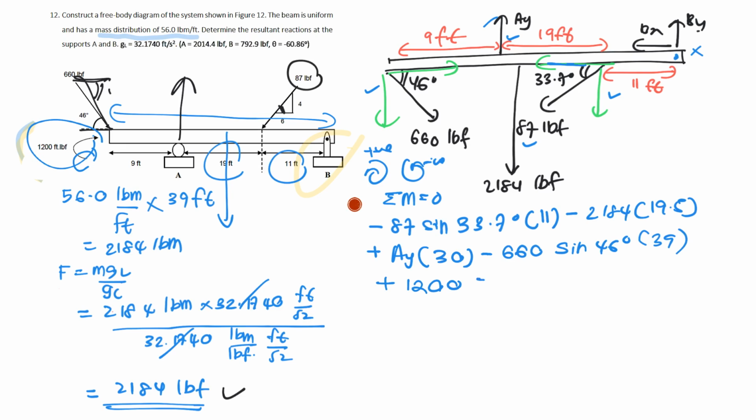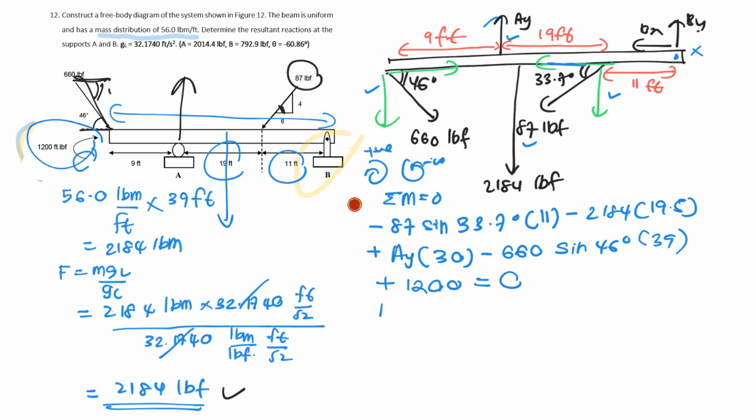Okay, and then you set it equivalent to what? Equivalent to 0. So you are going to get 87 sine 33.7 times 11 minus 2184 times 19.5, minus 60 sine 46 times 39, plus 1,200, divided by 13.